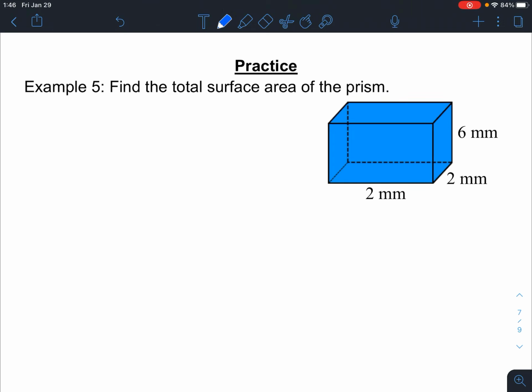Okay, the last 3, I would like you to try those on your own. So you can pause the video, and then when you're done, you can come back and unpause it, and I will go through my work on it as well.